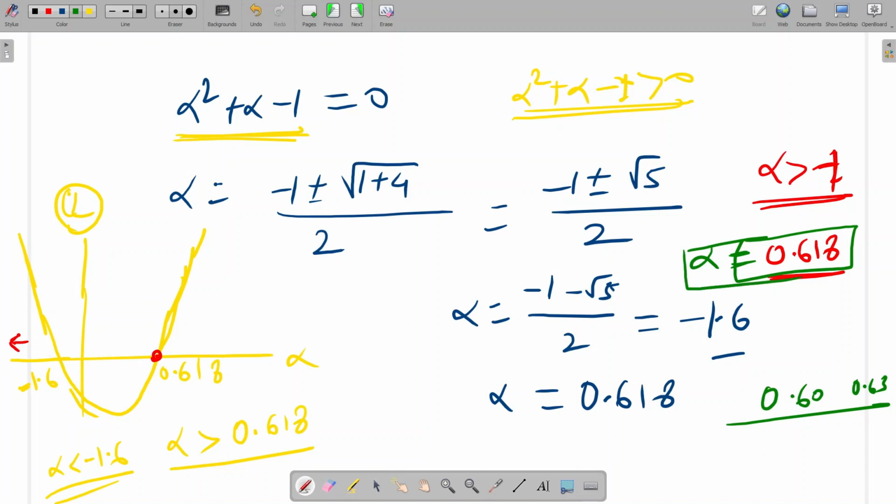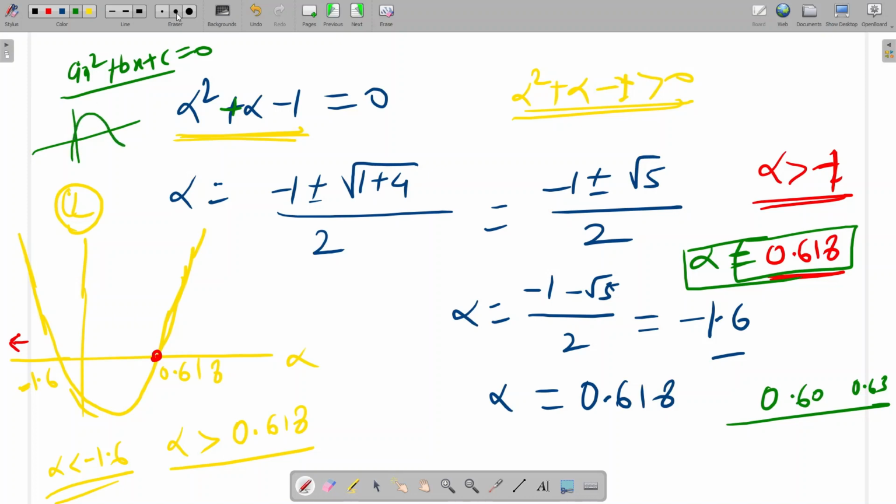Sir, will this graph follow for all quadratic equations, like ax square plus bx plus c equal to 0, based on B? If B is positive, then I think it will come like this kind of graph. If B is negative, then I think it will be in the reverse direction.